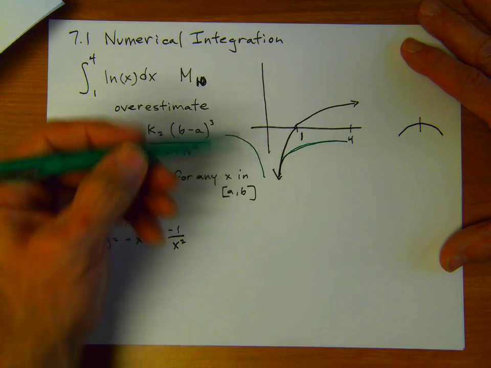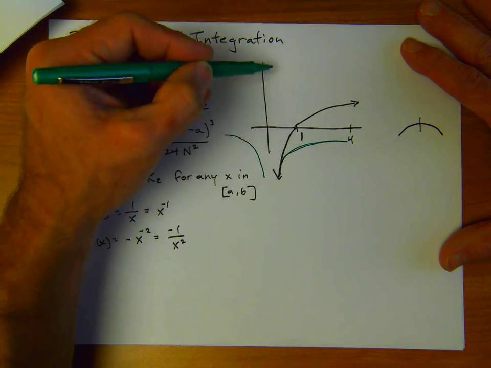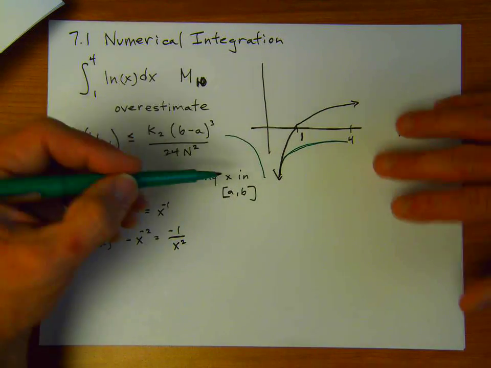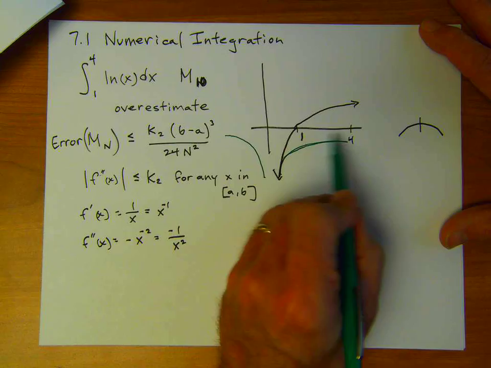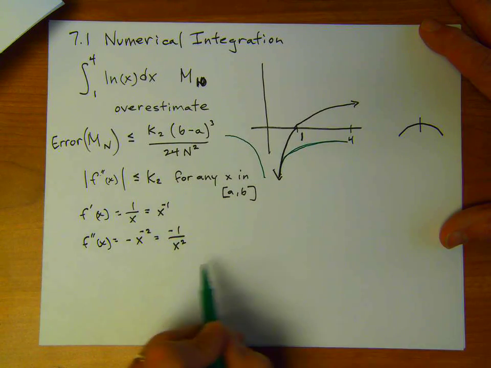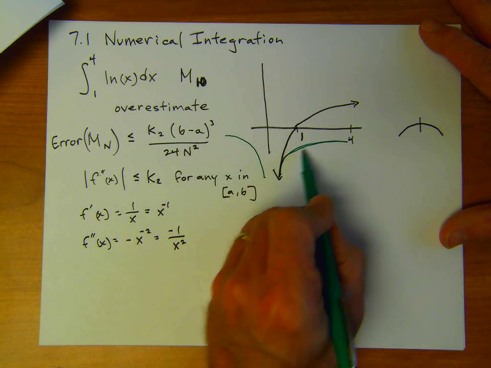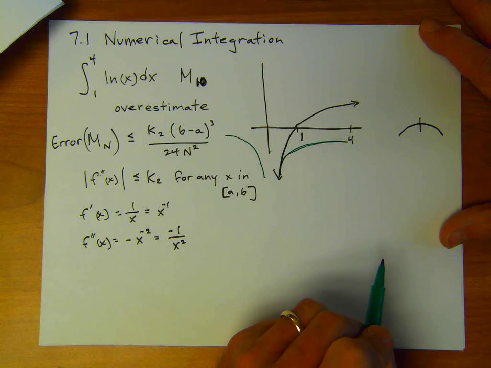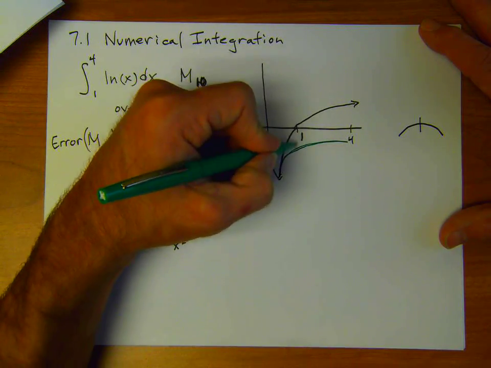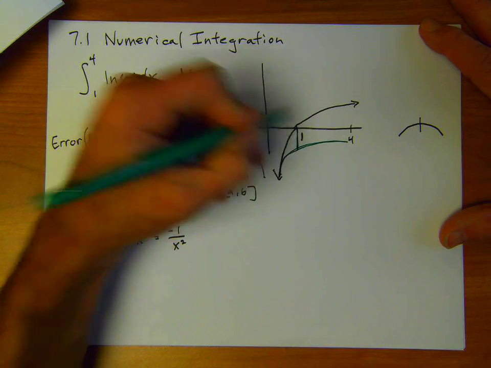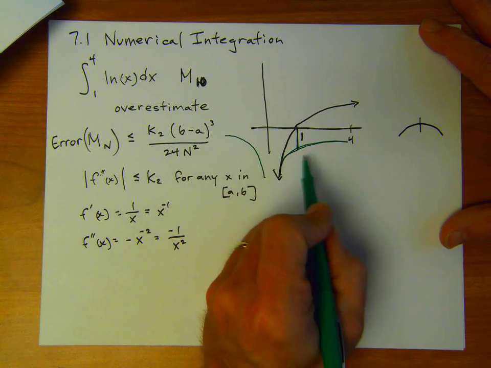It's like 1 over x squared would be up here, and it gets flipped over because of the negative. We can see that along our interval from 1 to 4, this is an increasing function. So the farthest away it's going to get from the x-axis is right here at 1, at the left point, because it's increasing.